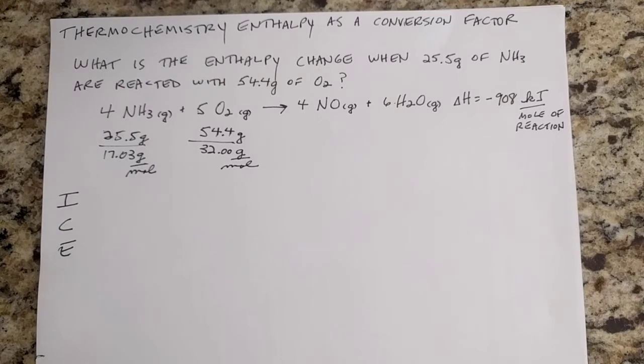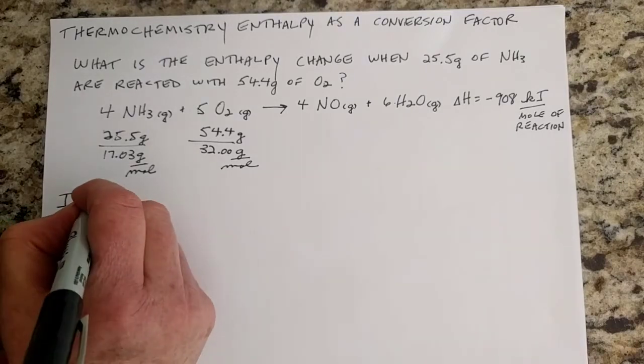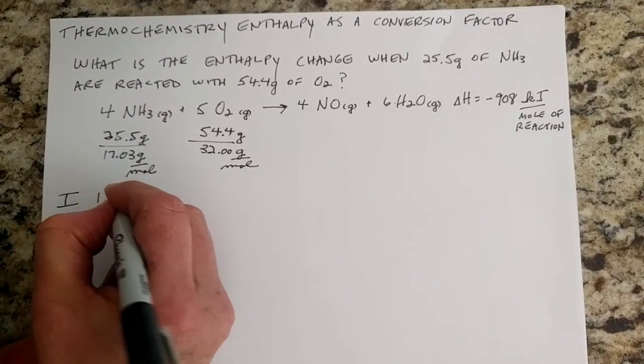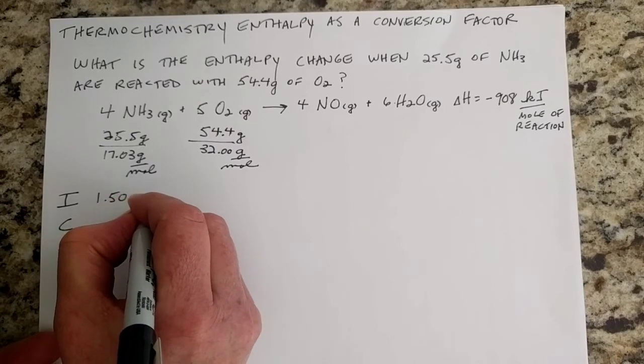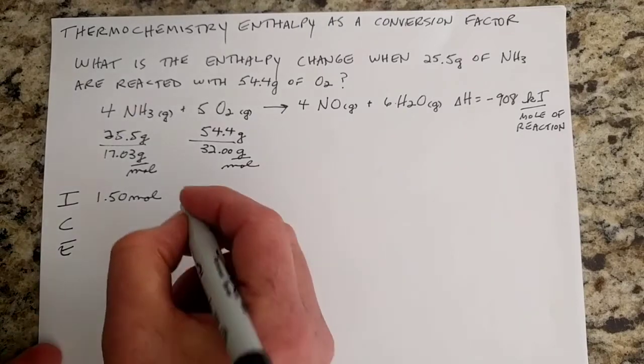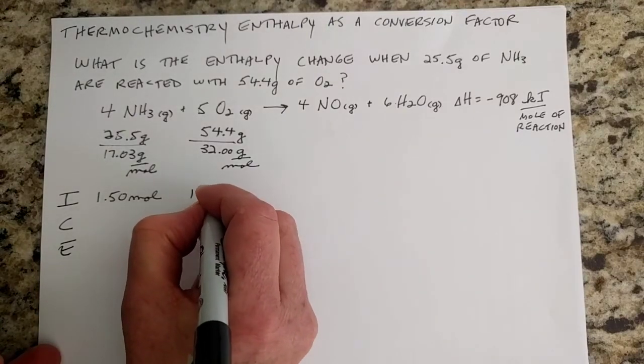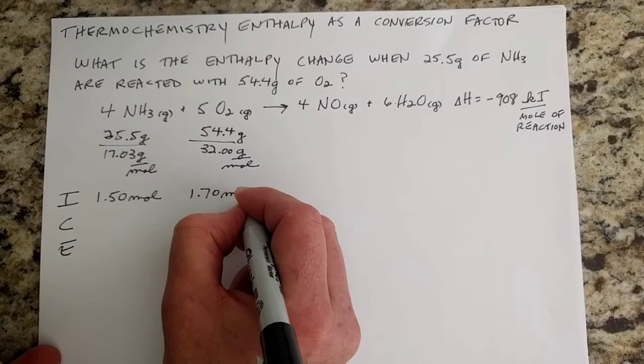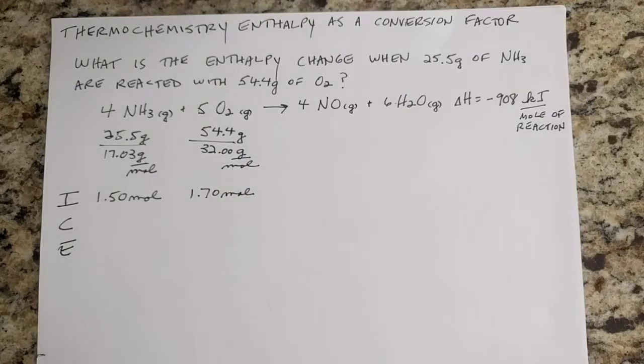So we have 25.5 divided by 17.03. So we get 1.50 moles of NH3, and 54.4 divided by 32 equals 1.70 moles of O2.